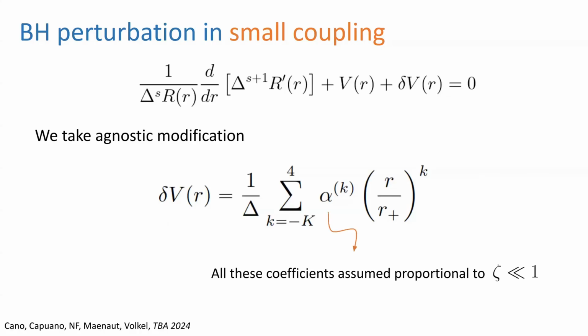The overall assumption, which I will get back to later, is that all of these coefficients are proportional to our coupling constant. So they are small. So if we have this equation and these corrections are small, then we will induce some small corrections to the frequencies and to the separation constants as well.